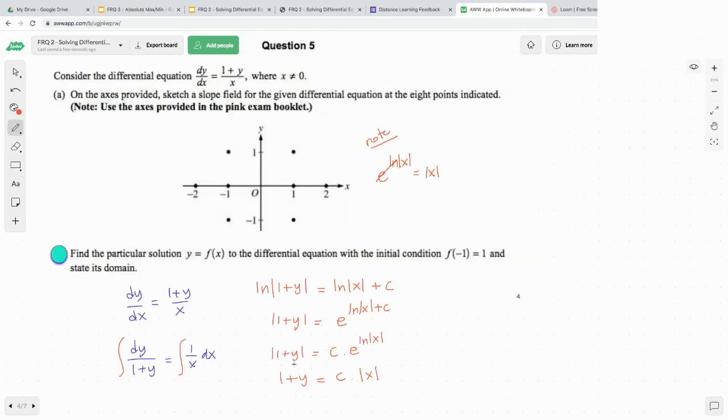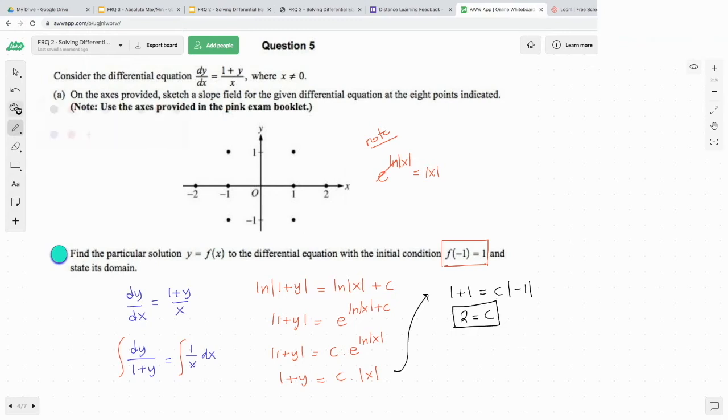So let's go ahead and plug in our initial condition, f of negative 1 equals 1. So right here, this is going to be 1 plus 1 equals c times absolute value of negative 1, so 2 equals c.